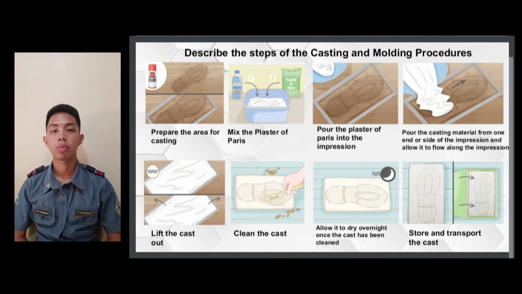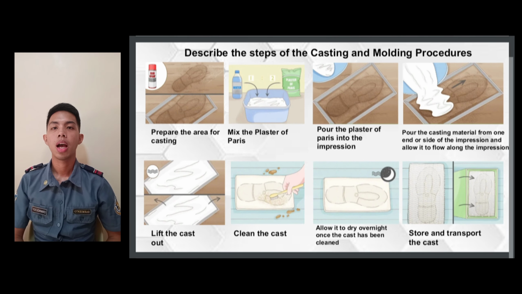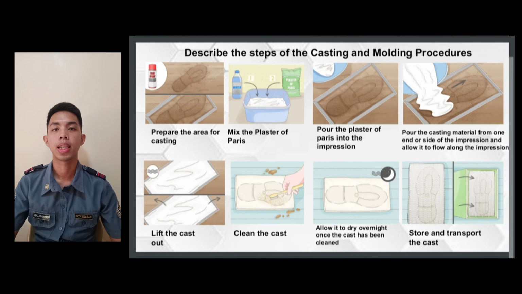Once the majority of soil has been removed, put the cast under a running tap and, using the paintbrush, gently brush the cast to remove any remaining soil. Seventh, allow it to dry overnight once the cast has been cleaned.